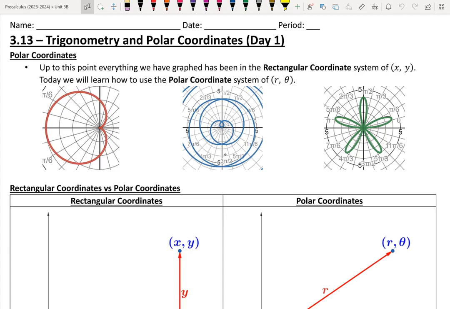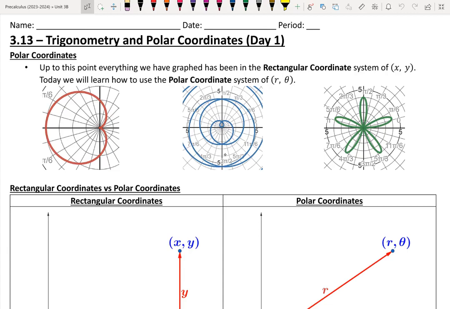Up to this point, everything that we have graphed ever since we started graphing back in 6th or 7th grade, we have used the rectangular coordinate system, or x comma y grid, right? The x and y axis grid that we have there. So today I'm going to be introducing you to a new coordinate system called the polar coordinate system.